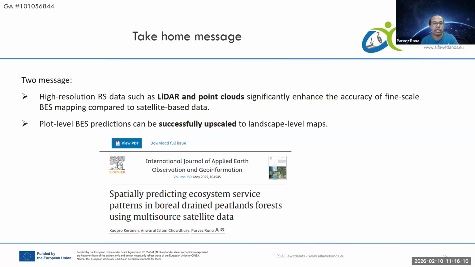This is an article we published recently, last year, so some results are already available for the reader. You could read the article and see the journal name, and if you search by using the title, you will get the publication. Next slide.